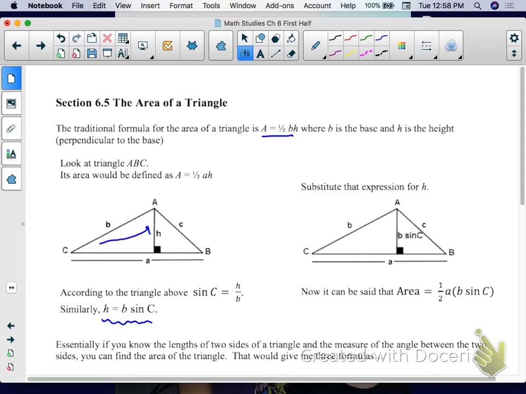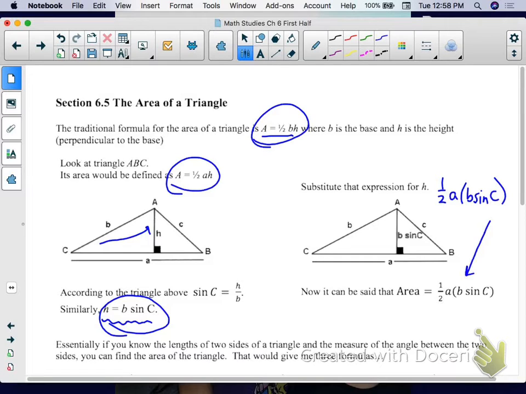So if I take my 1/2 base times height, or in this case my 1/2 A times H, and I replace H with this B sine of C, then I get 1/2 A times B sine of C, which gives me this. Essentially what this is doing is it's bypassing the height. If I didn't know the height of this triangle, I could still find out the area of the triangle by just knowing these two sides and this angle there in between. So that's essentially what the formula is.